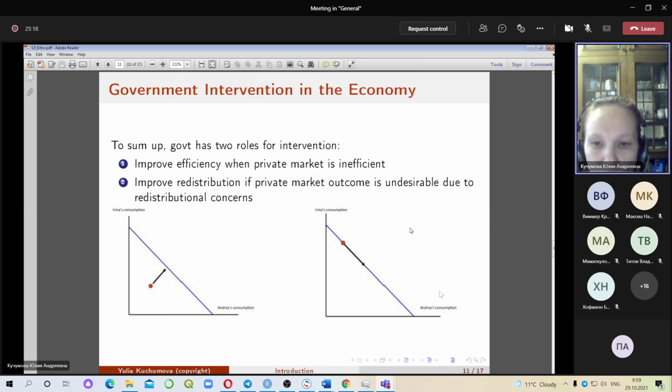The second graph illustrates that the red dot is already on the budget line, but it is in such a position that one person has a higher consumption than the other. The role of the government is to improve the redistribution to make consumption more equal.